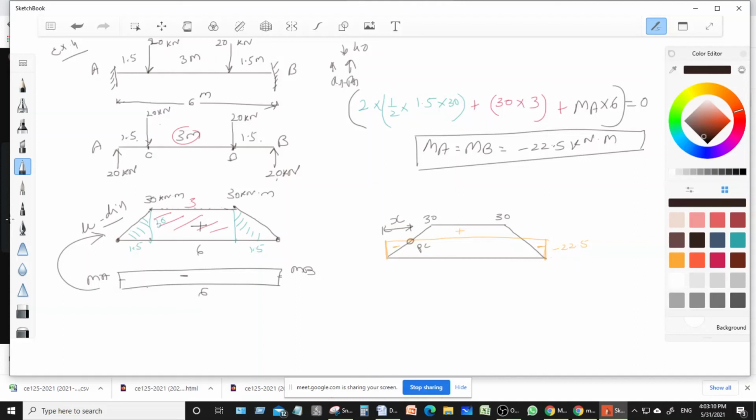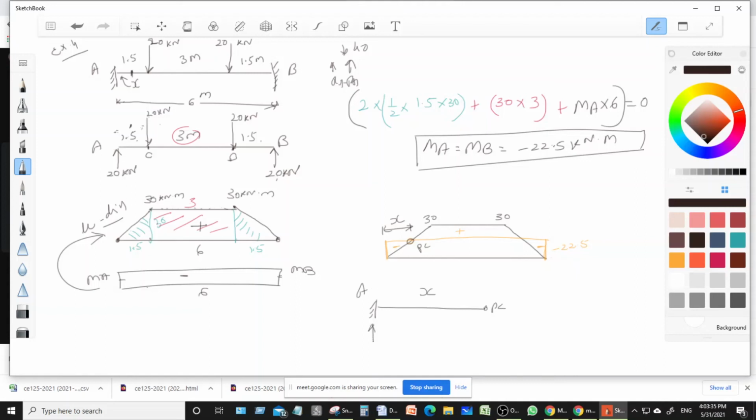So your point of contraflexure is between this point load and this support, somewhere here at the x. This distance is x. So let me just expand that particular point. This is your fixed support A, and this is your point of contraflexure. This is your x distance.